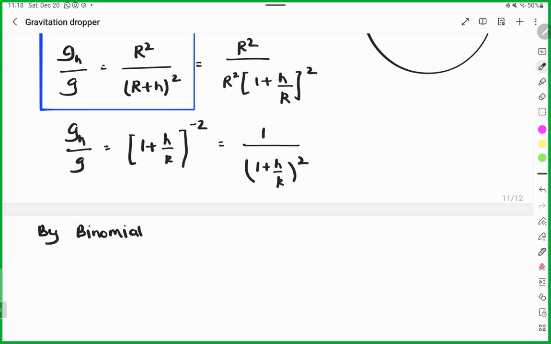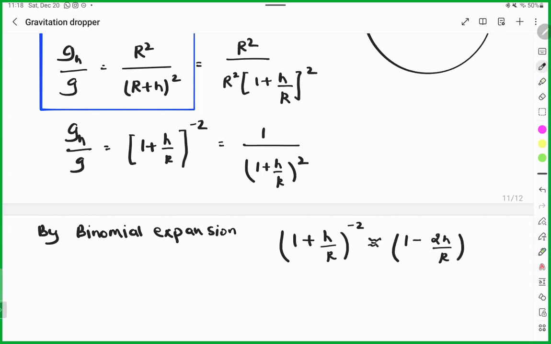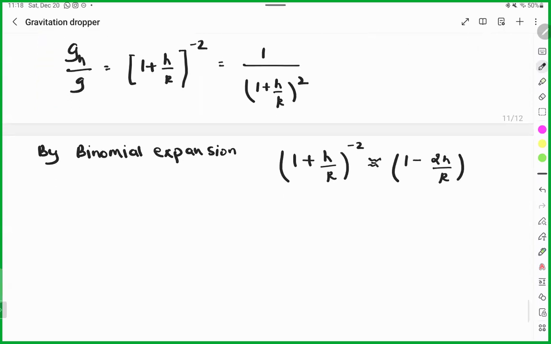Okay. So in this situation, if you do binomial expansion of this part with power minus 2, Chandana, what will be the value by binomial expansion of this 1 plus h by R whole minus 2 approximately? This 2 will be multiplied. Yes or no? Power will be multiplied in minus 2. But remember, this is applicable only when h is way, way, way less than R. Only in this situation. Otherwise, it is not applicable. Then you know what will be the value.